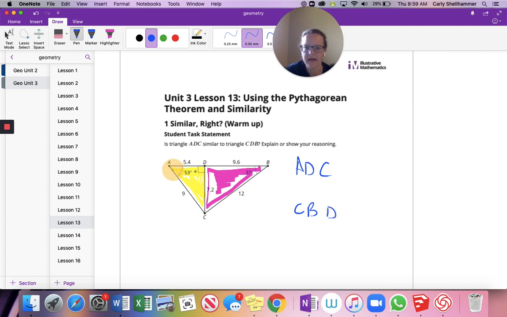I know angle A is congruent to angle B. Angle D is congruent to angle D. And angle C, which we're comparing, they're not calling them the same angle.